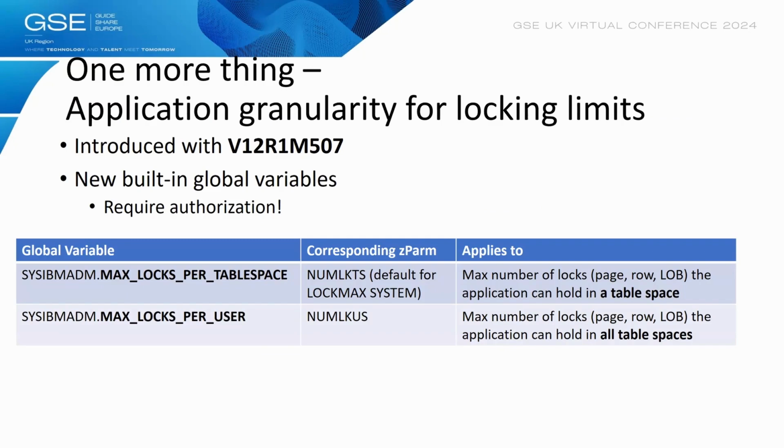And now these can be controlled on the application level as well, which can give you more granularity. Depending on your applications and the consolidations, maybe some applications may have different requirements. So this is something that you can also influence since version 12. And this is based around the built-in global variables again, which means that some authorization is required. So this is not available to any application. They need to have the right privilege.